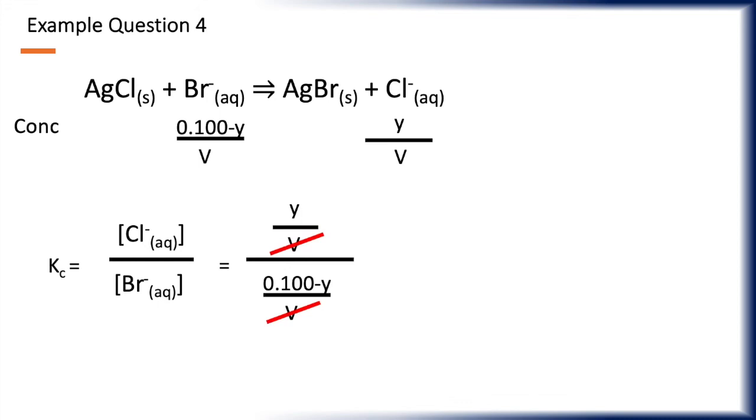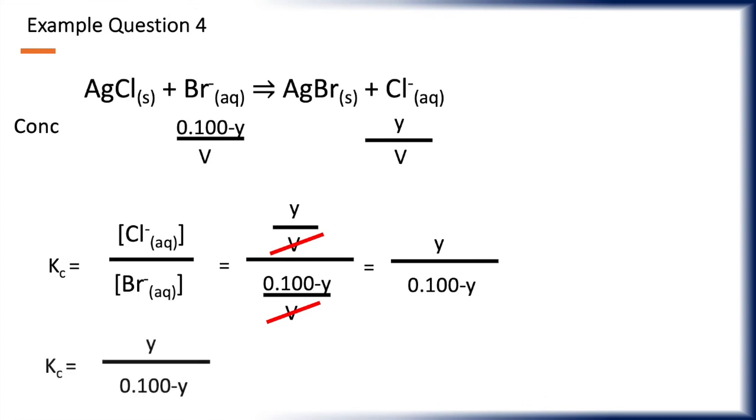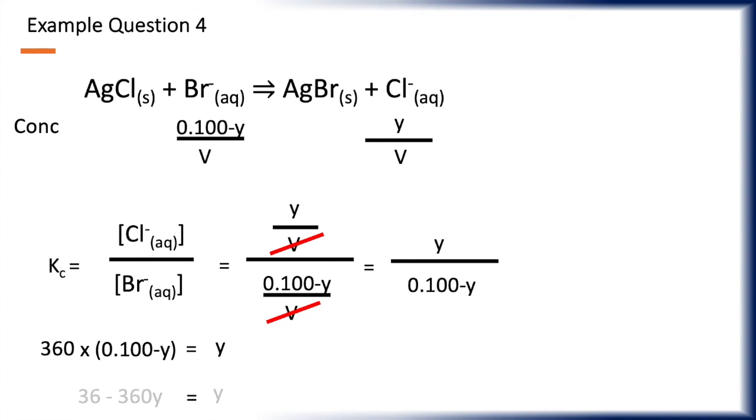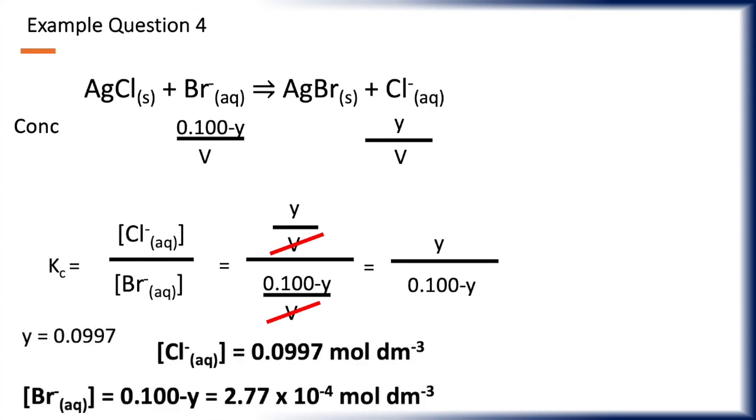You will see that the volumes cancel for both, and therefore we are left with Y over 0.1 minus Y. So we can now add in Kc as being 360 and rearrange that equation to find out Y. So once we know Y as our concentration, we now can say that was the concentration of Cl minus, so the concentration of Br minus is going to be 0.1 minus Y, which is 2.77 times 10 to the minus 4 moles per decimeter cubed.